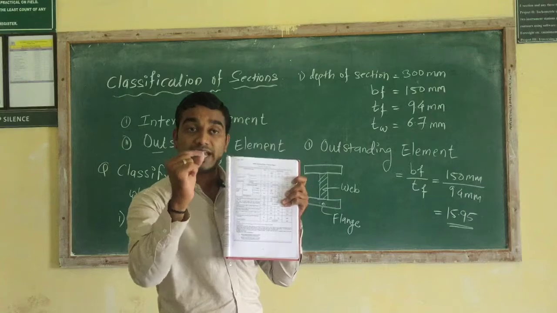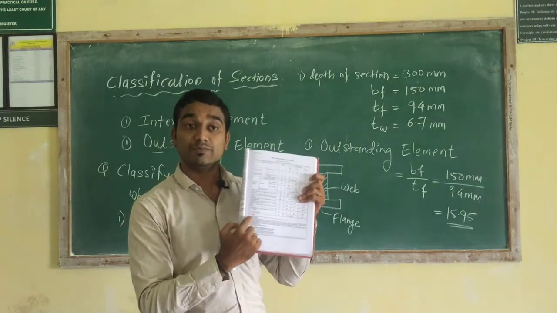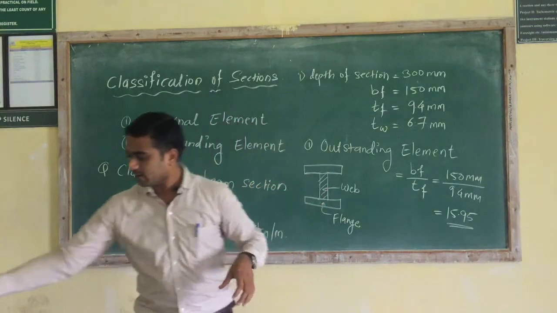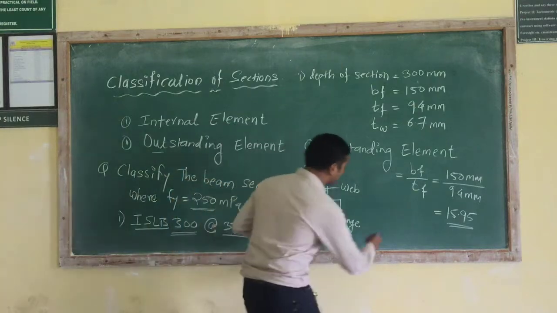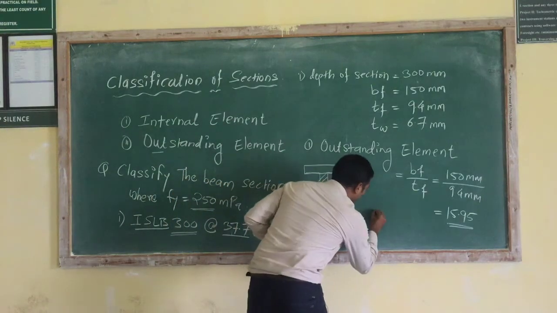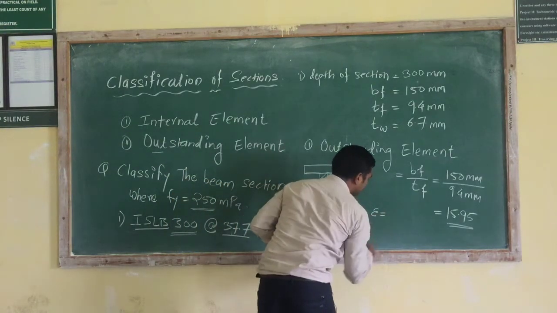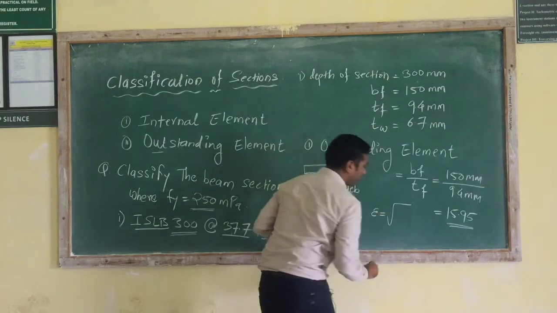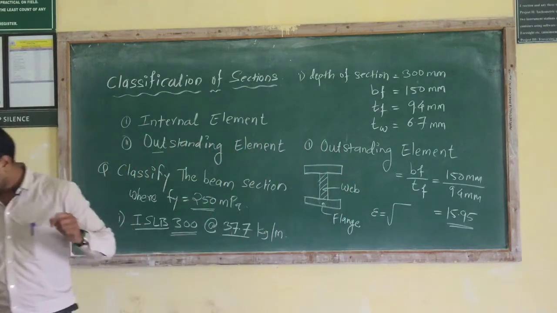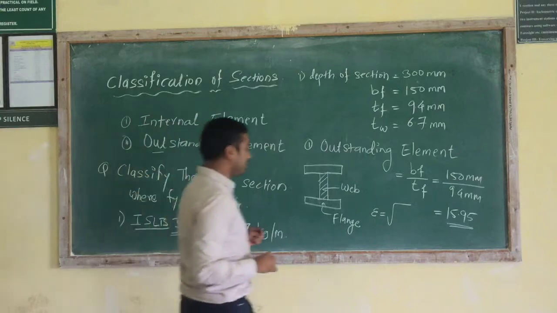In that you will get the formula to find epsilon. A very simple formula: epsilon is equal to under root of 250 divided by Fy.